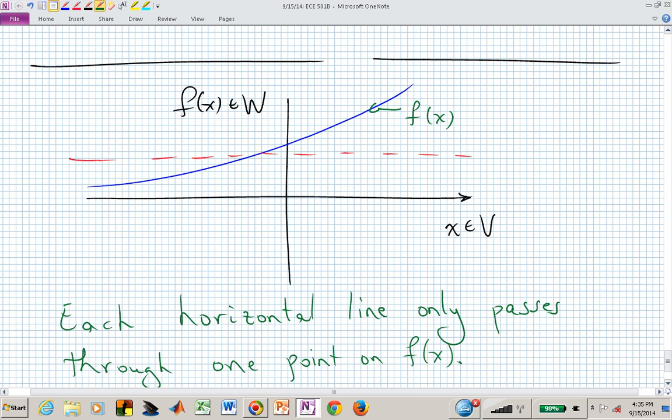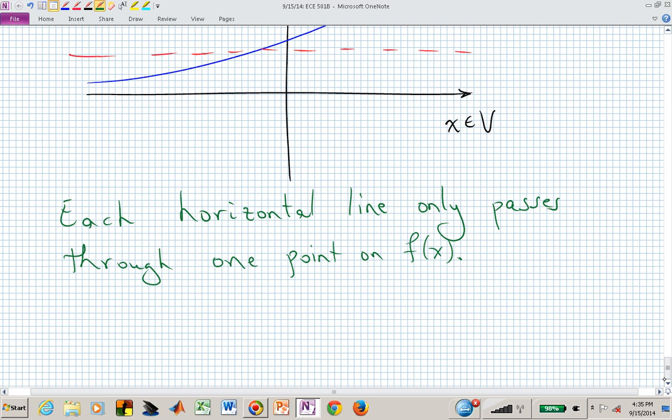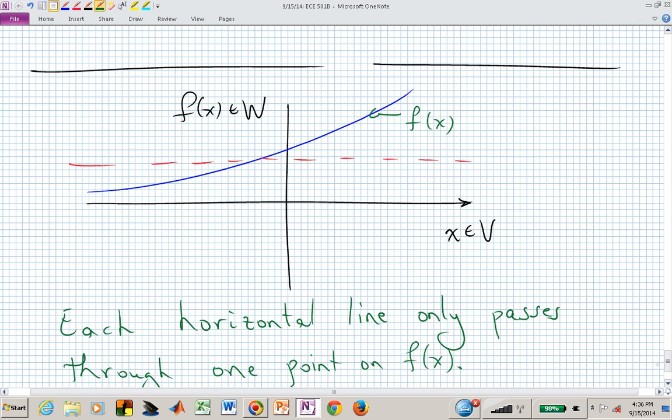If that was not the case, if our function had some bends in it to allow our horizontal line to go through 2 points, then we could find 2 intersecting points that have the same value in our codomain but different values in our domain. And that's not what we mean by one-to-one, meaning we could get to the same point starting at 2 different locations. That's what this picture is supposed to provide you with in terms of the insight.